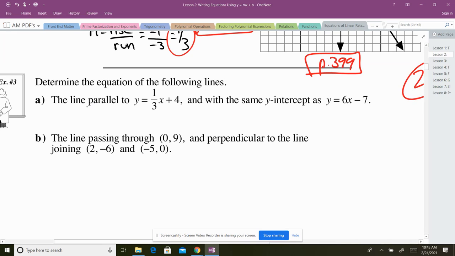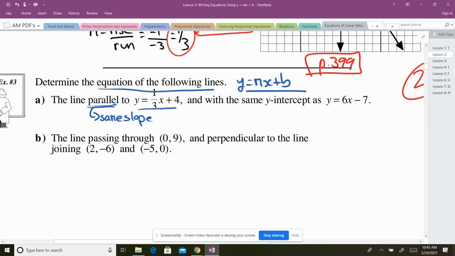So, we have a line. First of all, we want to get the equation of a line. So we know we want to write this. That's what we're trying to fill in. We're trying to figure out what m and b are. Okay. So they tell us a line that is parallel to this line. What does parallel mean? Same slope, right? As soon as you see the word parallel, you know that it is the same slope.